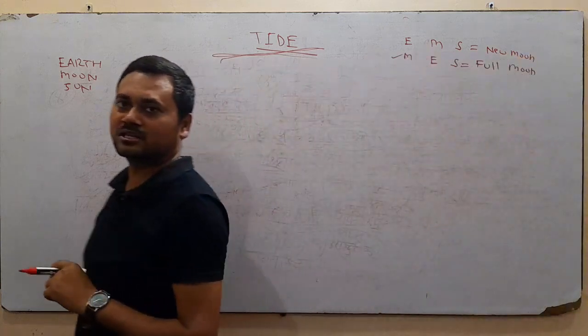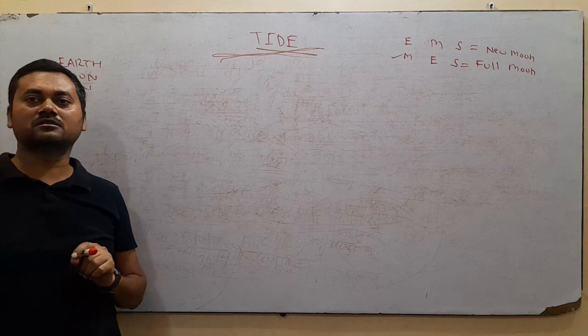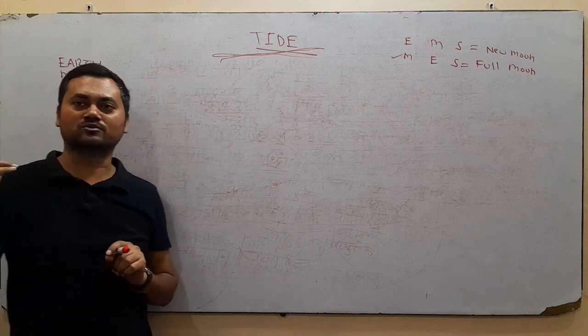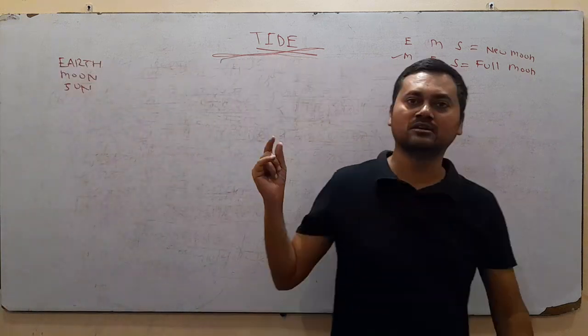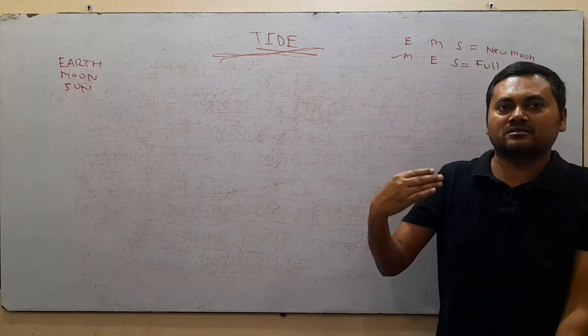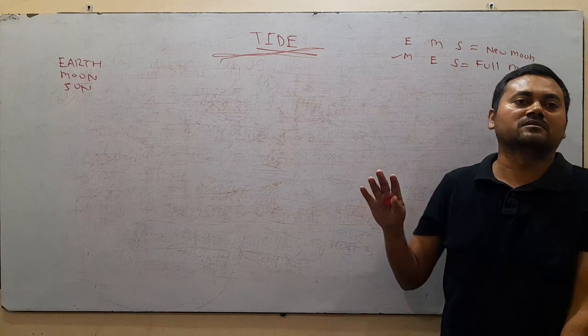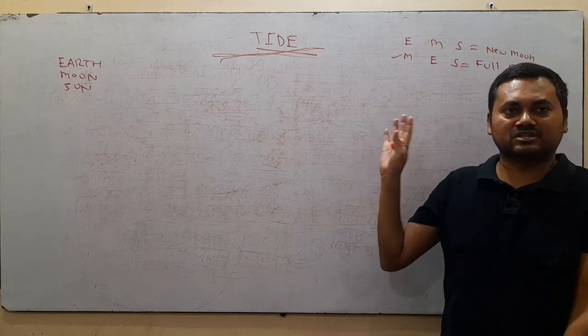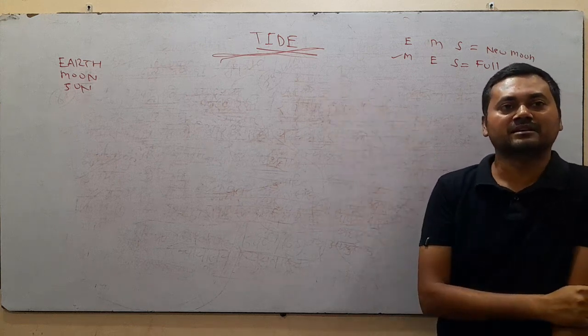Now let's talk about the positions of the sun, earth, and moon. As I have told you, the gravitational forces of the earth, sun, and moon play the role behind the development of the tide.